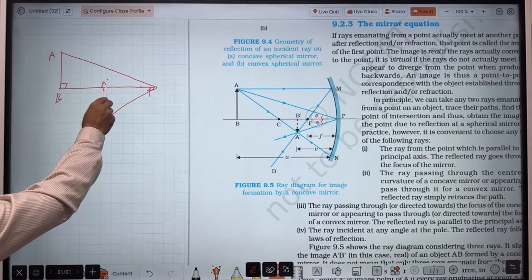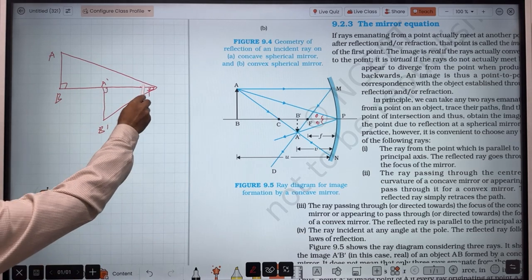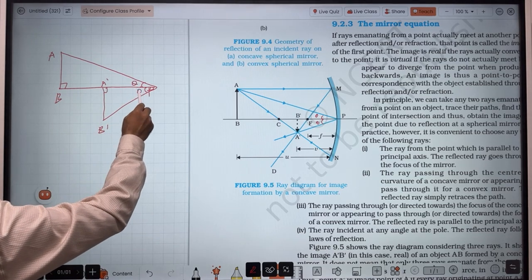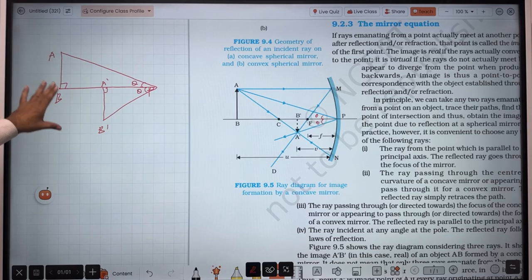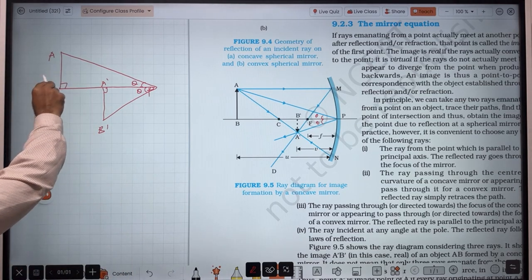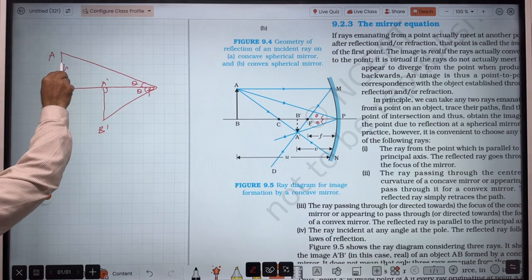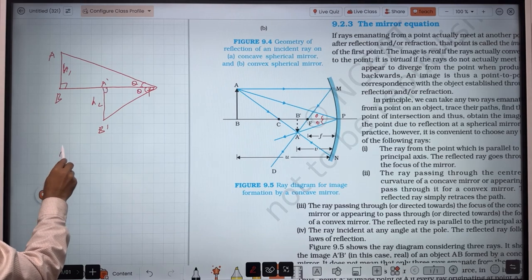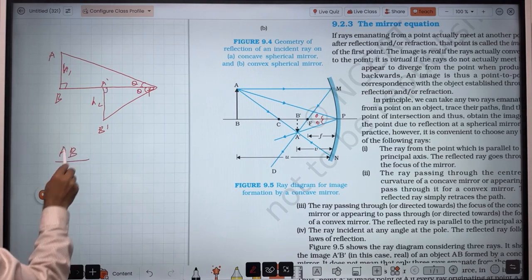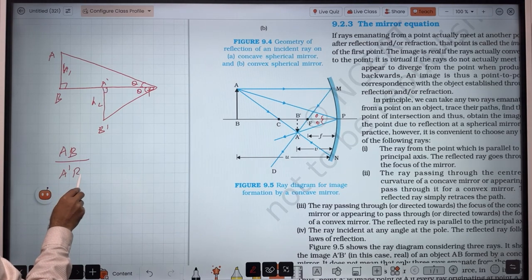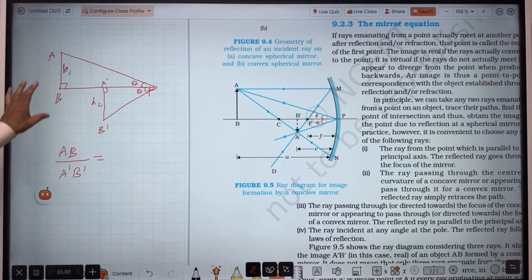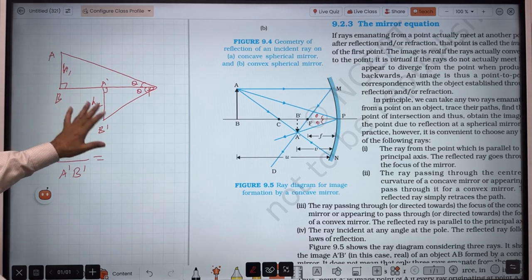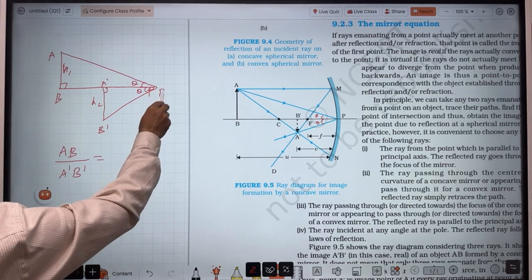So these two triangles are similar because this angle is 90 degrees, this angle is 90 degrees, this angle is theta, this angle is theta. So the ratio of perpendiculars and bases will be the same. This is H, say it is H1, this is H2. So first let's write AB divided by A dash B dash, right? This is the ratio of perpendiculars, divided by the ratio of bases.